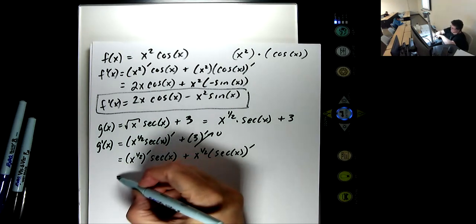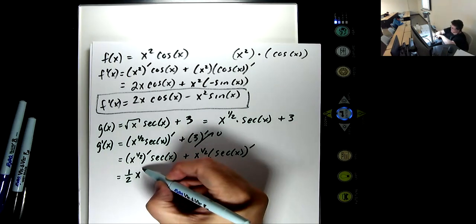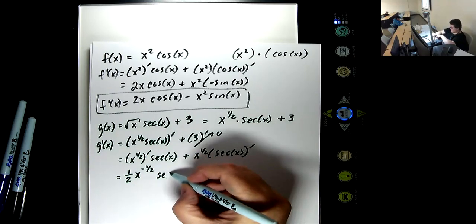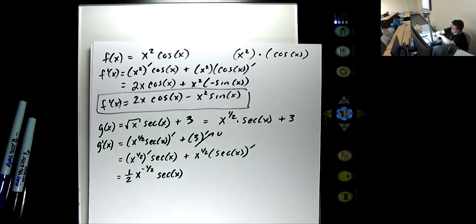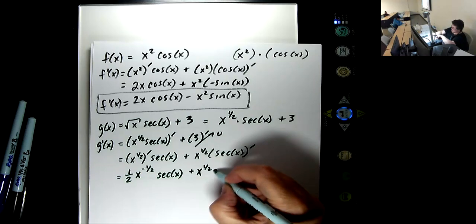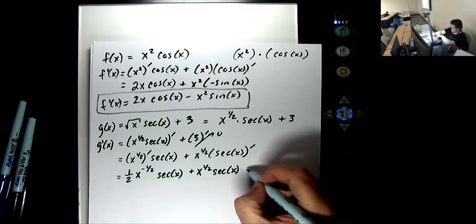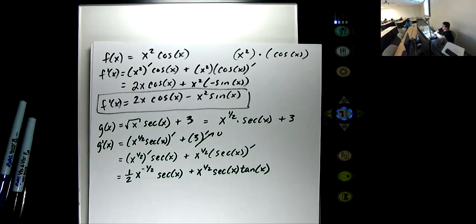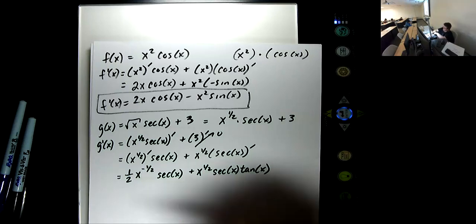For this, we bring the power down and lower it by 1. 1/2 minus 1 is negative 1/2. And the derivative of secant x is secant tangent. Since I didn't start with fractional exponents, I'm not going to end with fractional exponents.